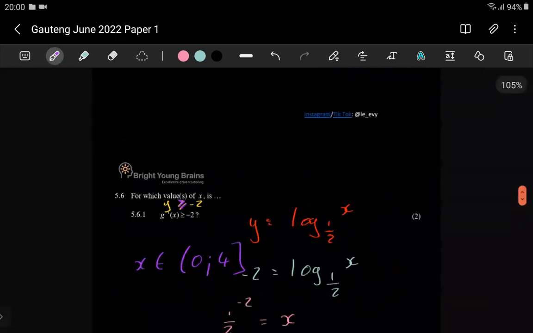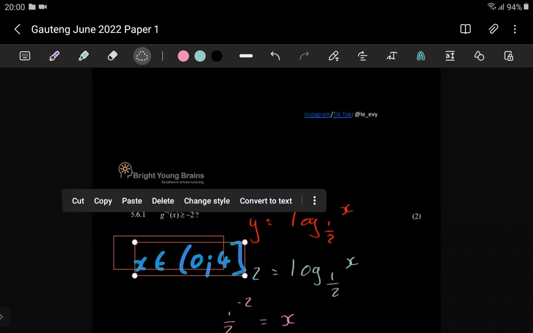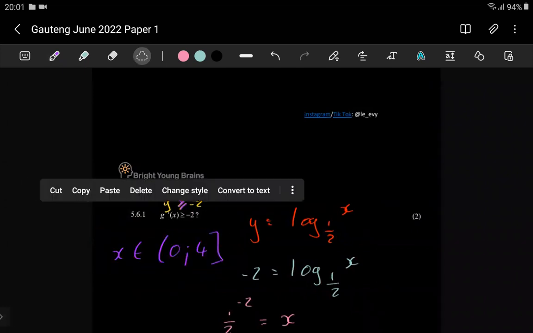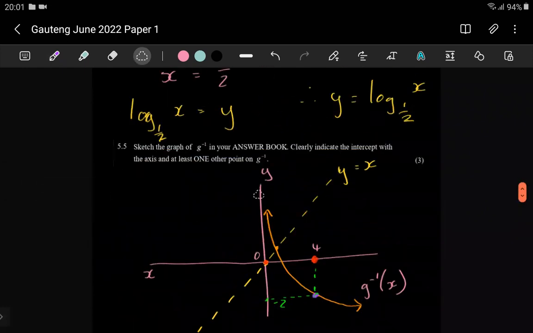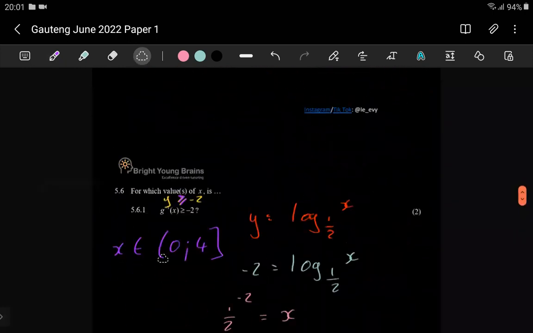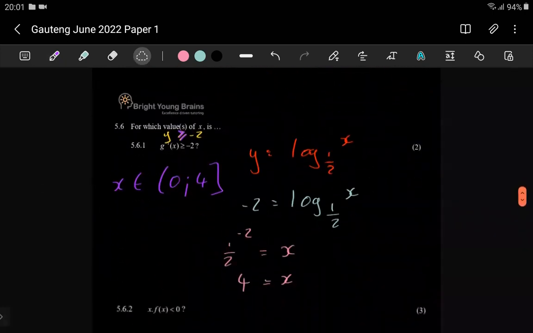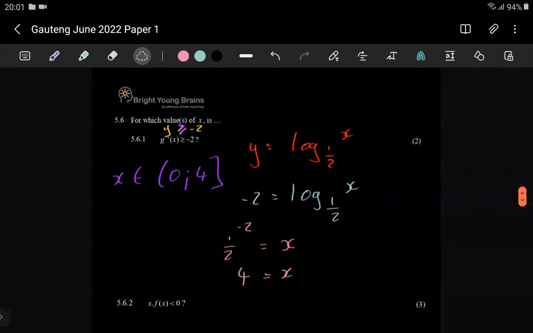So that's how we answer this question. We have to put the square bracket for the 4. The reason we're putting the round bracket for the 0 is because specifically at 0, the graph will never touch 0. You see, so we're saying between 0 and 4, where 0 is not included, the 4 is included.